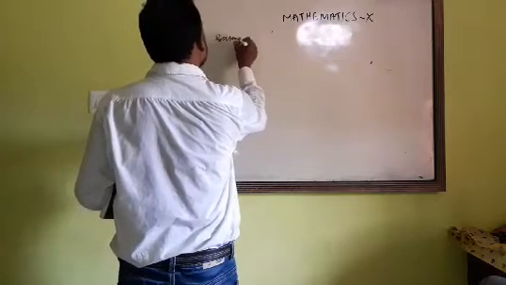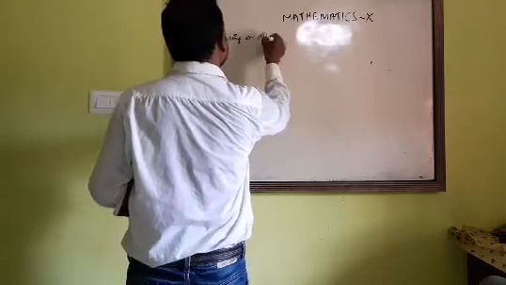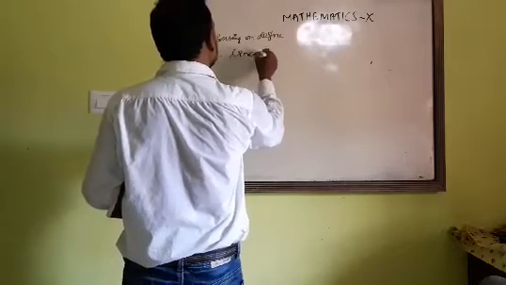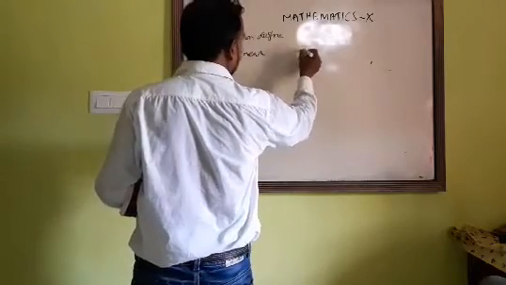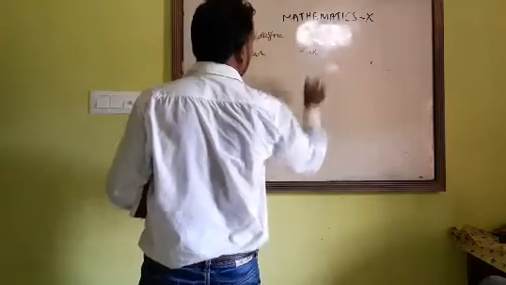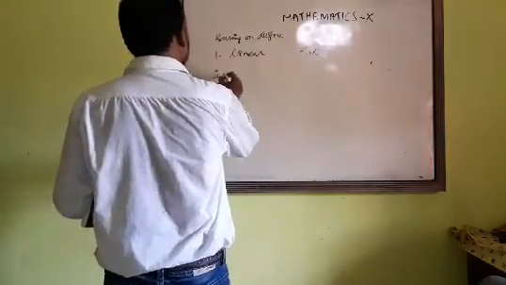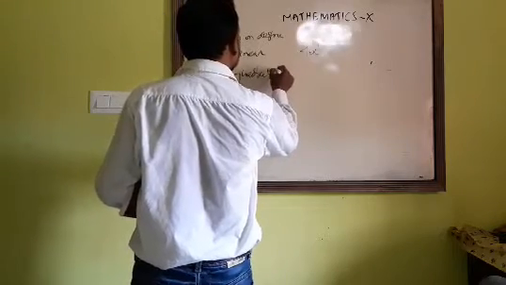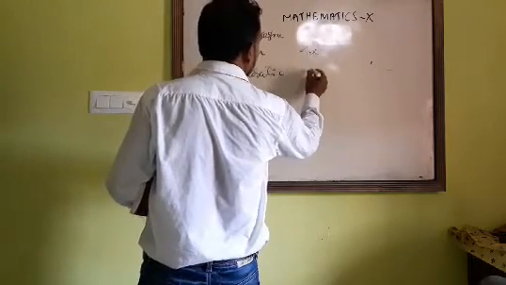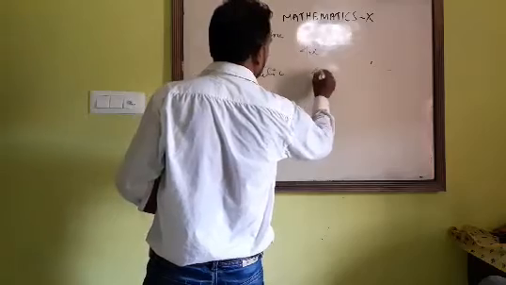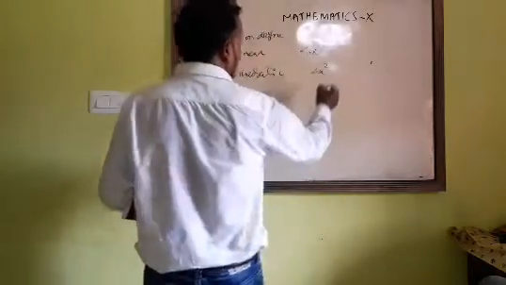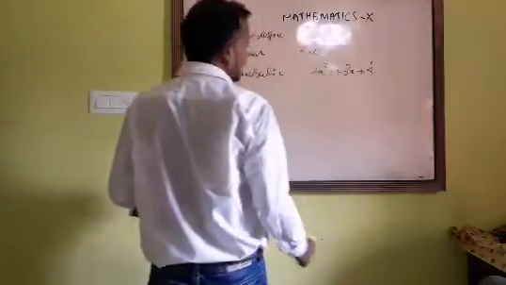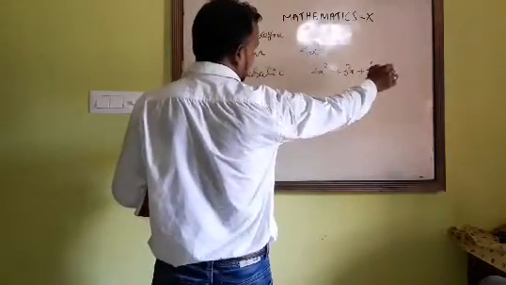Based on degree, first one is linear, meaning it is power 1, or x to the power 1. Second one, quadratic. It is 2x squared plus 3x plus 4, whatever the number of terms may be.